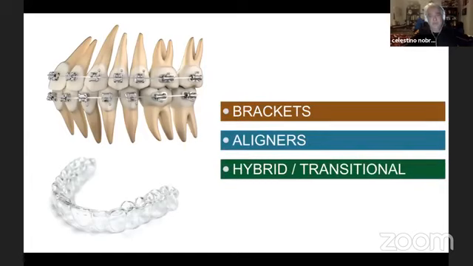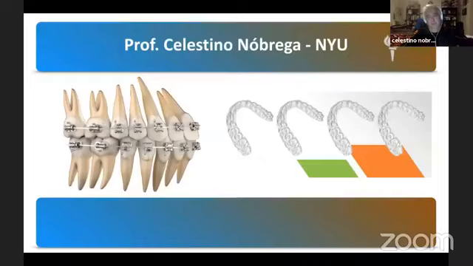Sometimes you can have a hybrid situation, for instance brackets in the lower arch and aligners in the upper, or vice versa, or even transitional, starting with aligners and going from brackets to aligners, or the reverse. I'm going to show some cases like this.